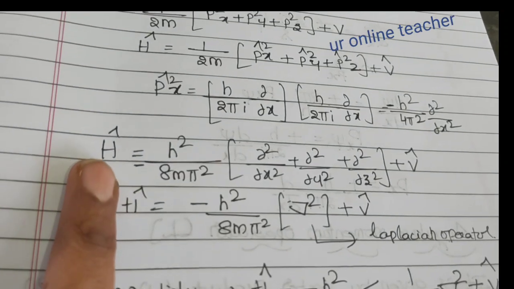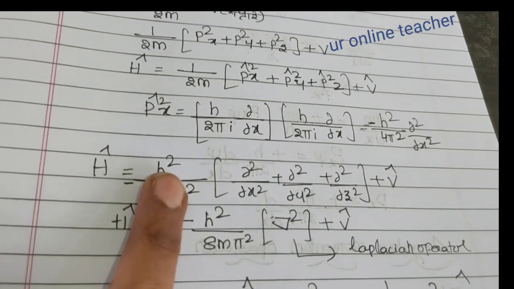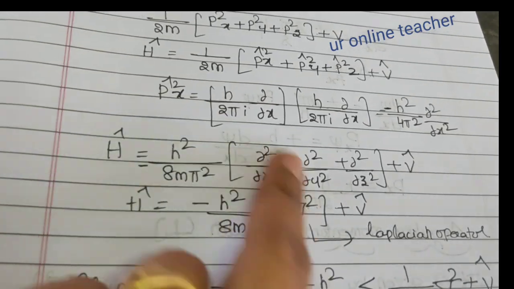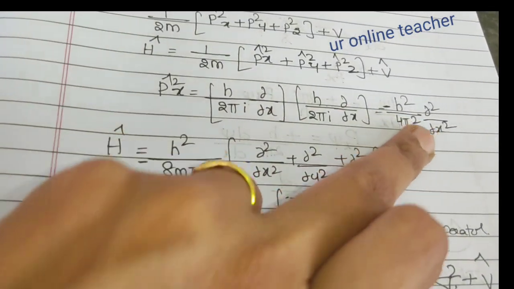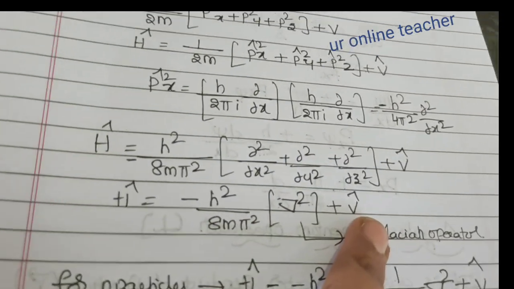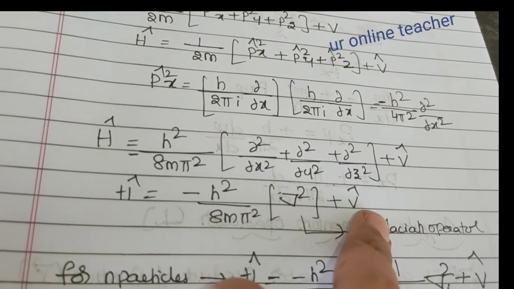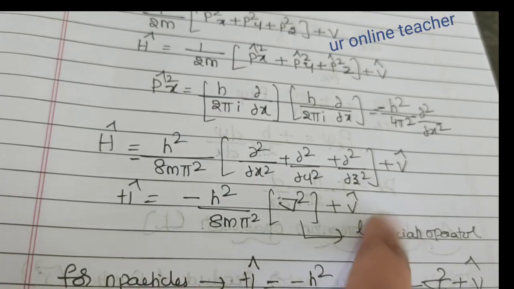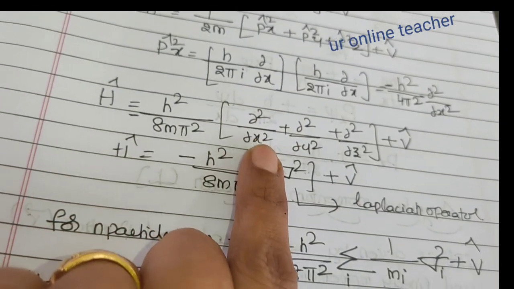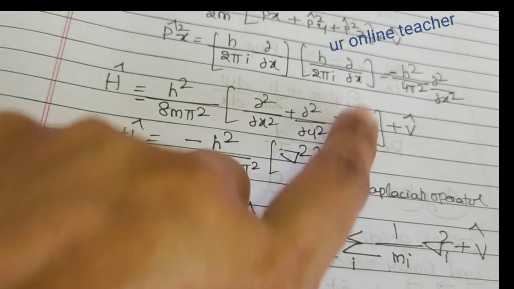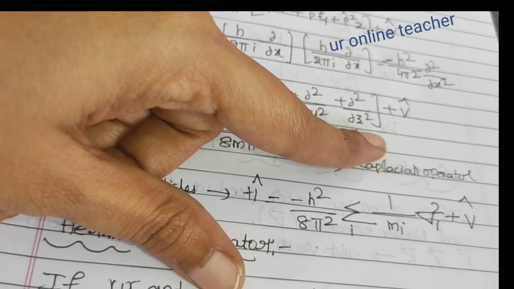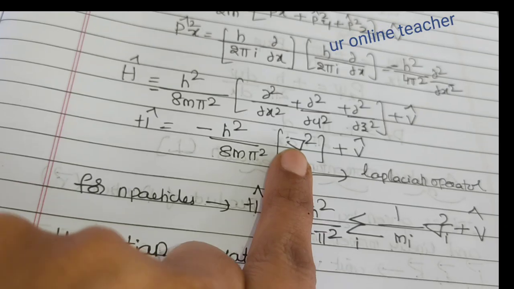So in the final we will get H cap is equal to minus h square by 8 m pi square, taking it as common, leaving only ∂²/∂x² plus ∂²/∂y² plus ∂²/∂z² plus V cap. We know that ∂²/∂x² plus ∂²/∂y² plus ∂²/∂z² is the Laplacian operator or space operator, denoted by delta square.